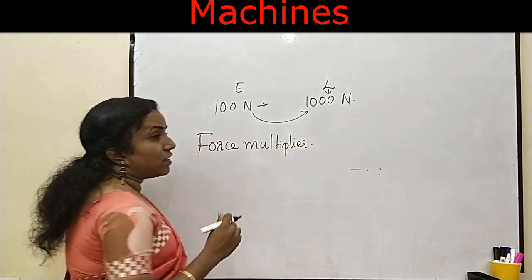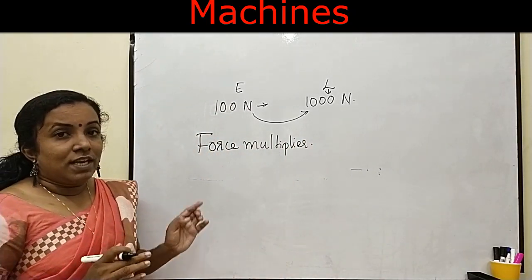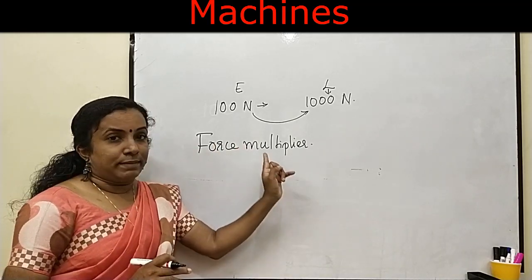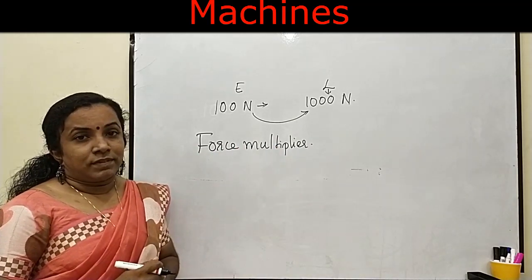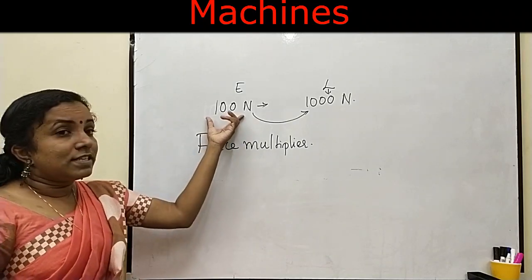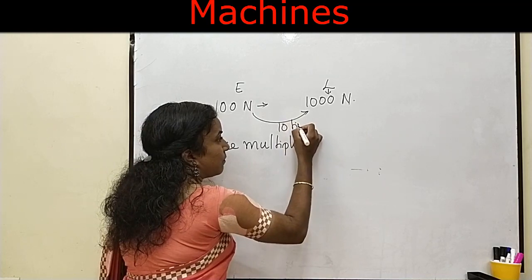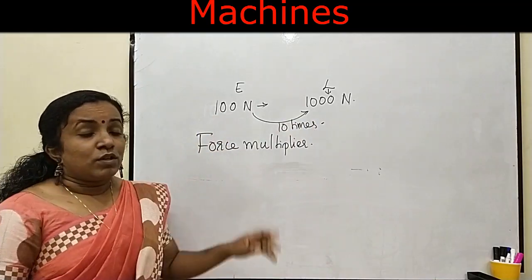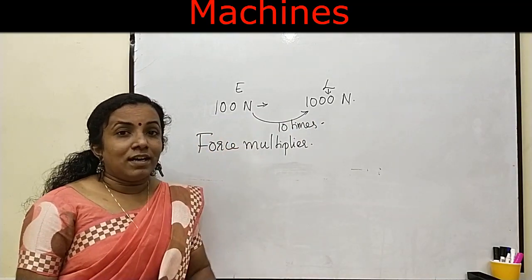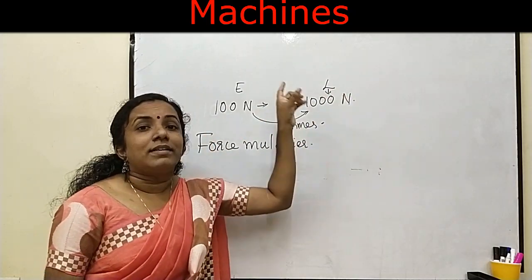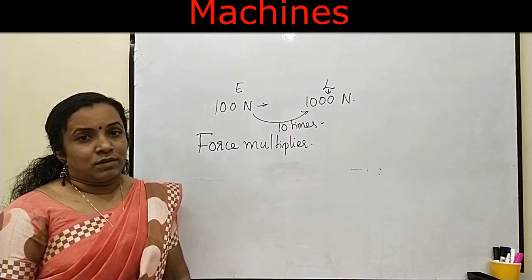This is the first function of a machine. A machine serves as a force multiplier. Here, my effort is multiplied by 10 times. Is it? So, what is the advantage here? My effort is multiplied by 10 times.